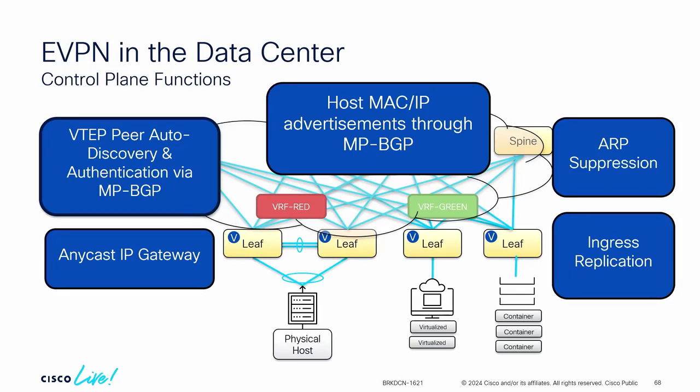Instead of having to flood and learn or broadcast or bump traffic across the fabric, it can actually respond on behalf of that destination. That's different from a proxy ARP, but it has the ability to respond, make more efficient use of the fabric, and locally learn and give that information to the requester looking at an ARP. And then we can look at ingress replication with flood lists, et cetera.